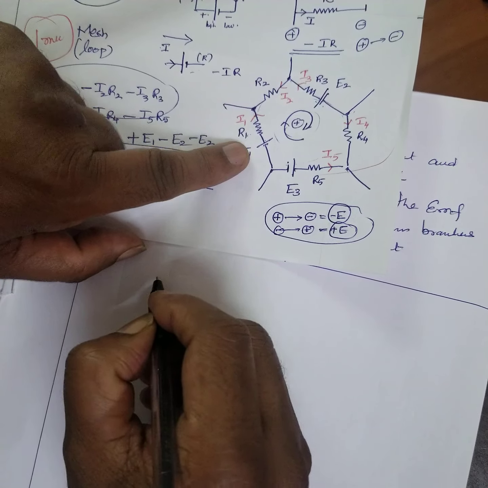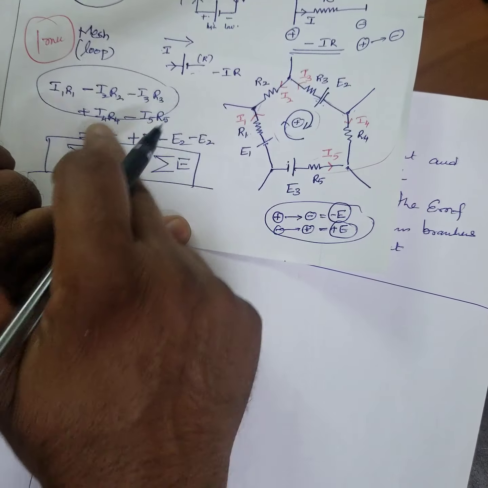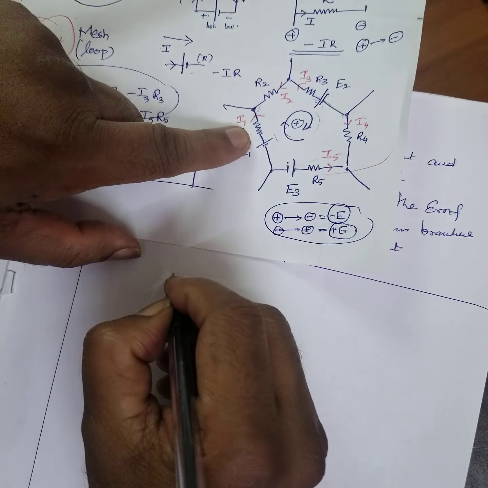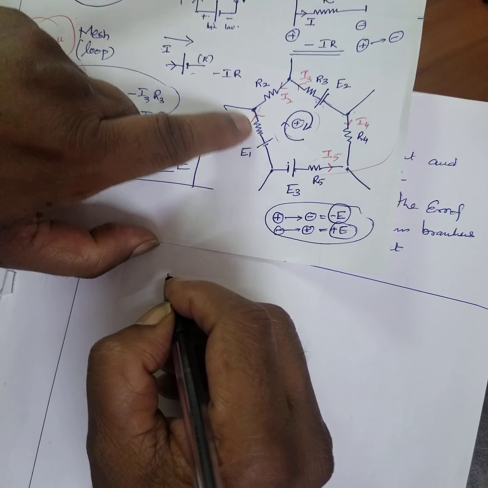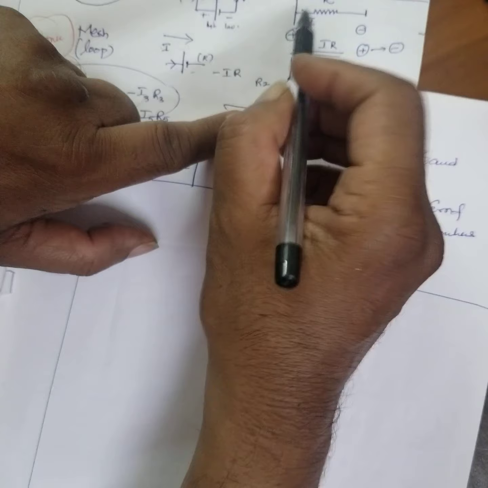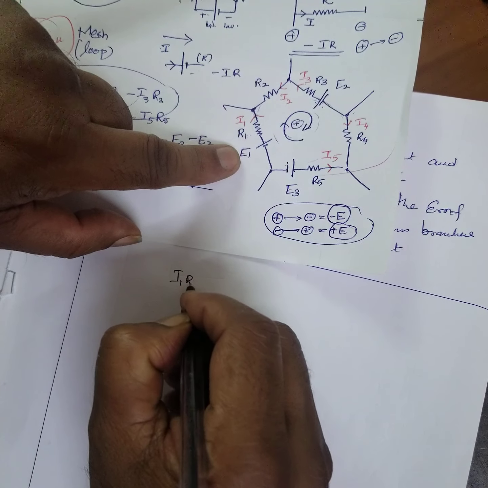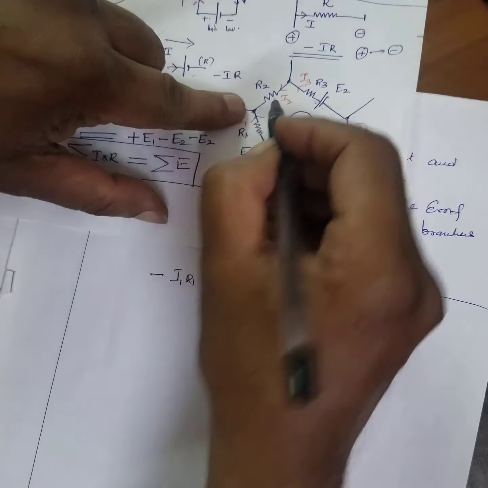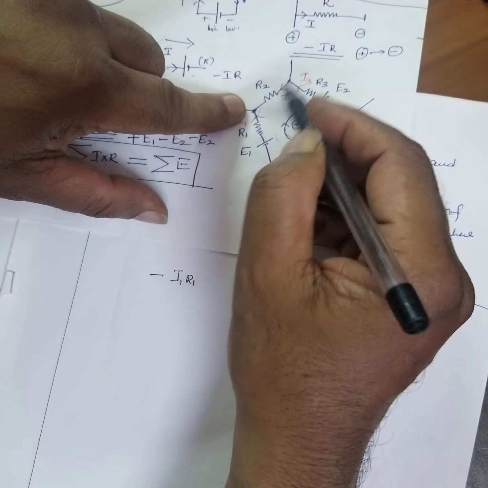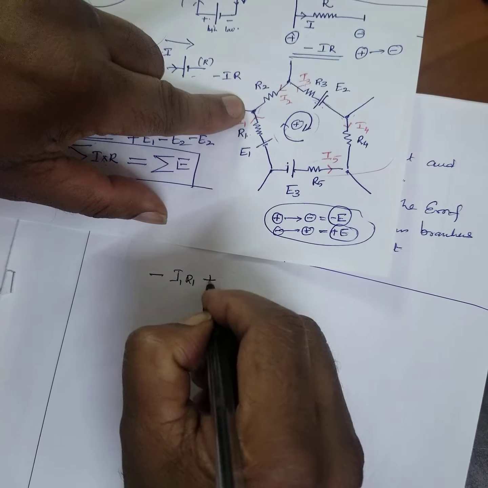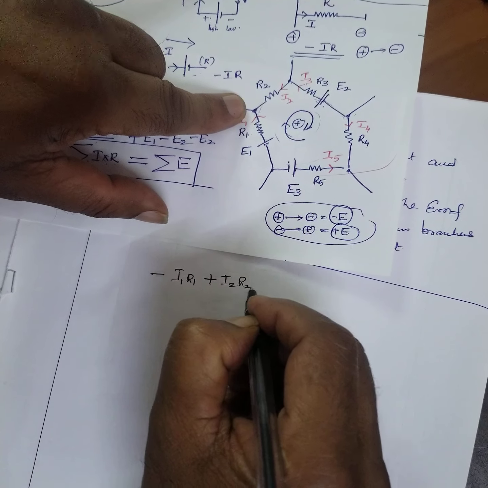See here how it is happening. Here I have written the final result. Actually, it happens like this. Going from positive to negative, potential decreases. Therefore, I1, R1 potential decreases. Next, you are going against the flow, therefore plus I2, R2.